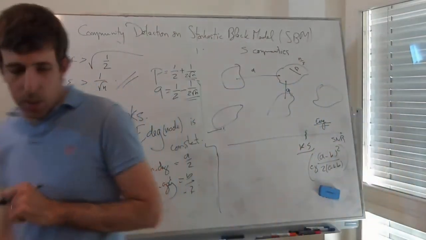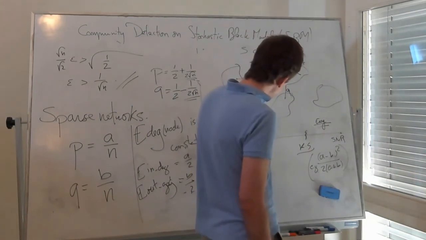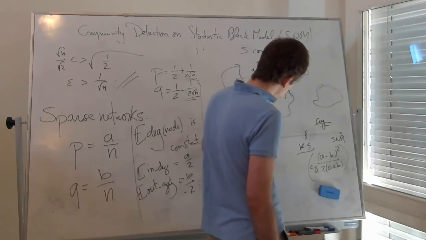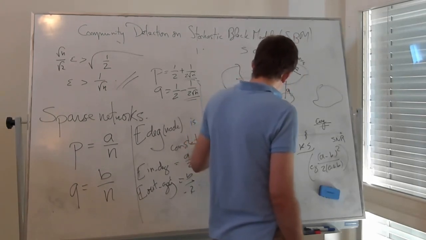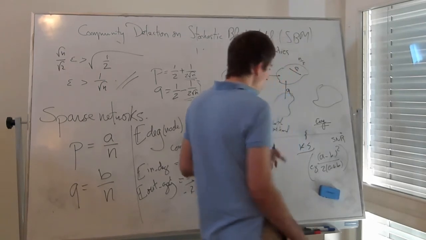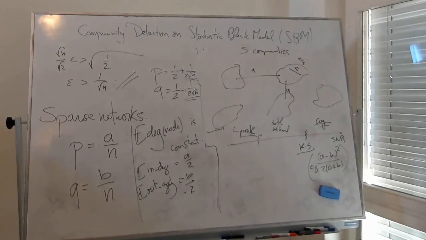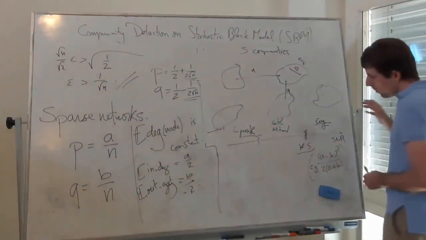But we believe that there's another region where the problem is possible but hard. And here the problem is just impossible. This does not happen for 2 communities, but we conjecture that it happens for 5 and more.